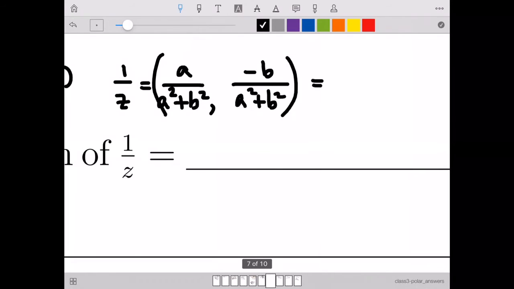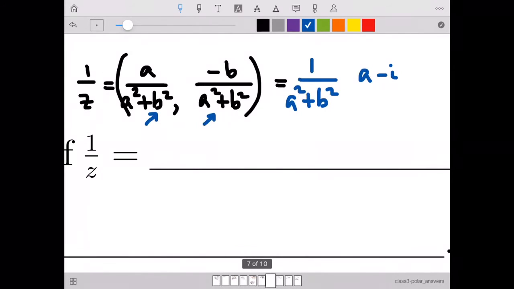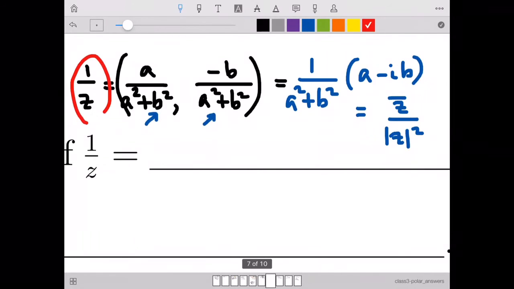Since 1 over a squared plus b squared is real, we can take that out. Then what I get is actually a minus ib. So this is z bar over absolute value z squared. So that's 1 over z.